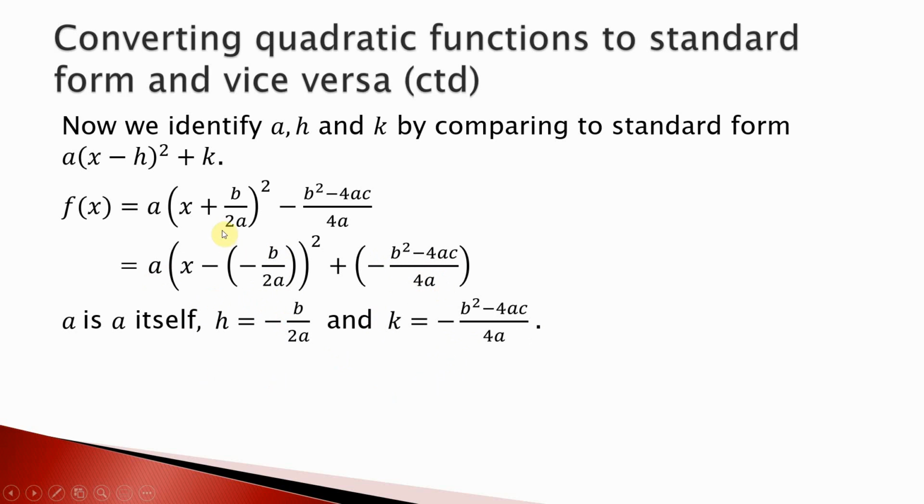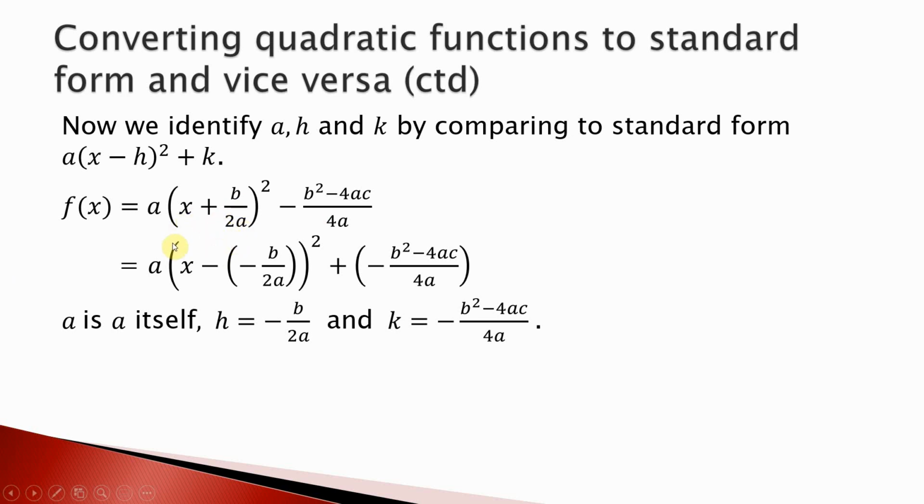So when you complete the square and get this expression, this is the maximum or the minimum value of the function, and the function attains that maximum or minimum when x equals negative b over 2a.